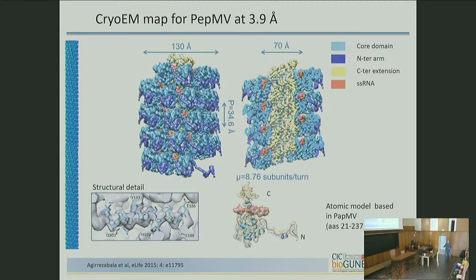This is a cutaway to see the inner side, and this is just the surface. We always have a missing stretch of residues in the N-terminal domain. This is the most variable part in all those viruses. It is just floating around on the outer side of the helix, and in the three-dimensional average that we calculate, it vanishes because it is flexible.